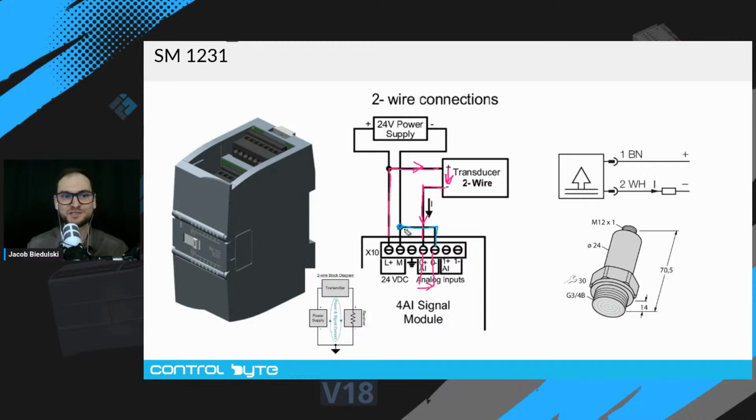We have many questions regarding the connection of two-wire sensors. This is a common mistake, that someone connects plus to plus and minus to minus, okay? So the best way is to check the manufacturer documentation right here.